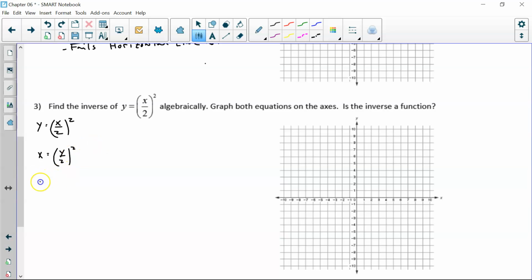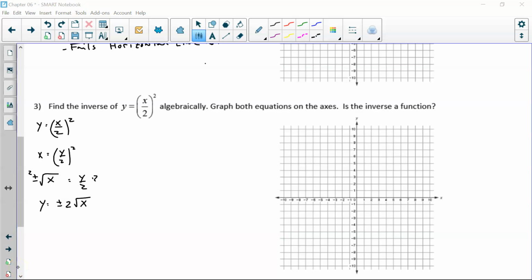So we take the square root of both sides. And when we do that, we get two solutions, positive and negative. And then you multiply both sides by 2. So y equals plus or minus 2 times the square root of x.